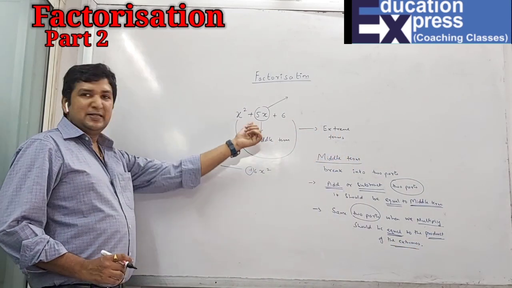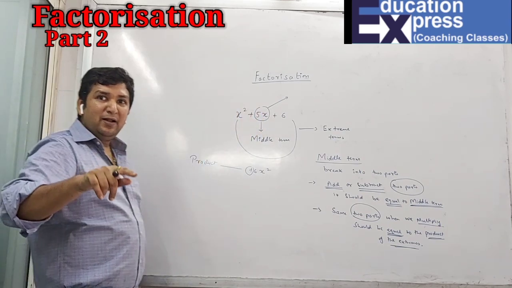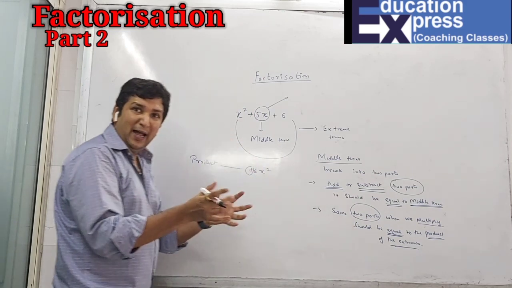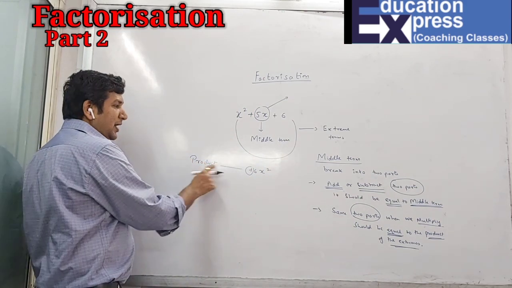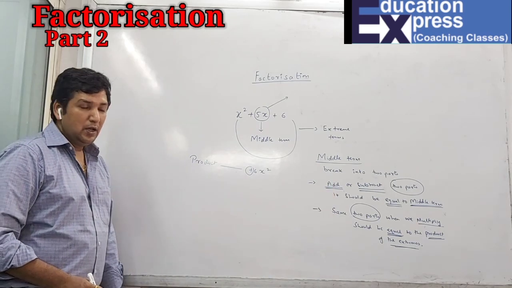So in this example, you can see the middle term is 5. So you add or subtract to get 5, and when you multiply those parts, you have to get the product as plus 6x square. These are the conditions to split the middle term.